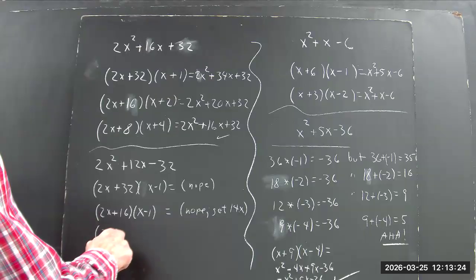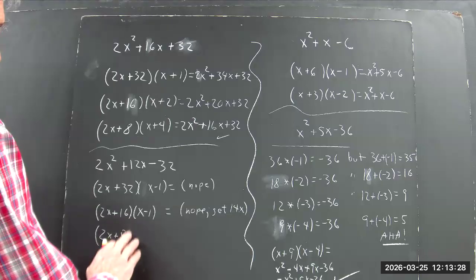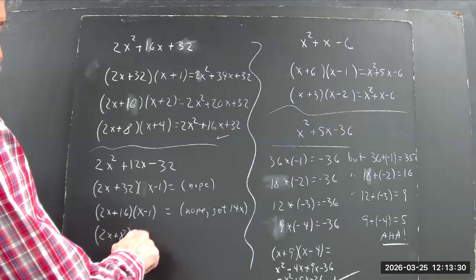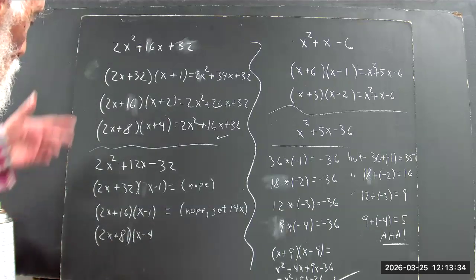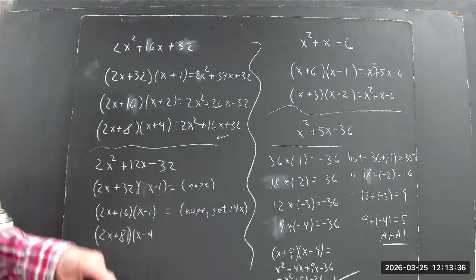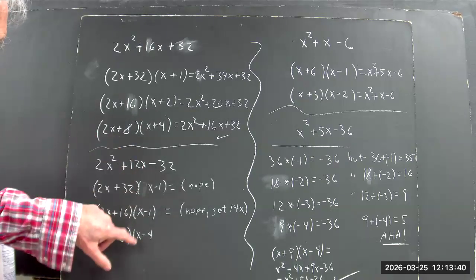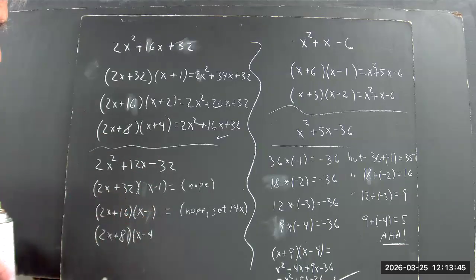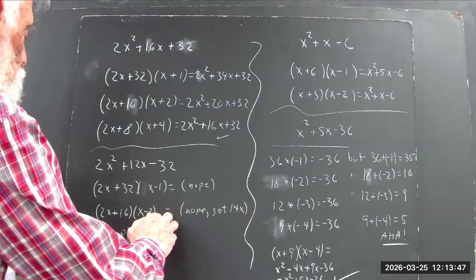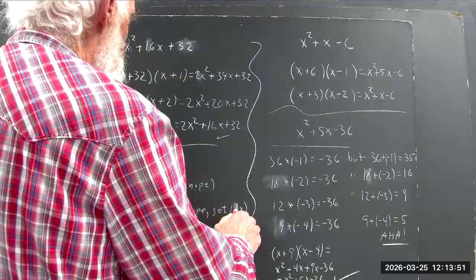And then 2x plus 8 times x minus 4. And my brain is just not engaged. Okay, then 2x plus 16 times x minus 1. Well, 16 times minus 1 is not negative 32. It should have been x minus 2, in which case I would have gotten 12x.